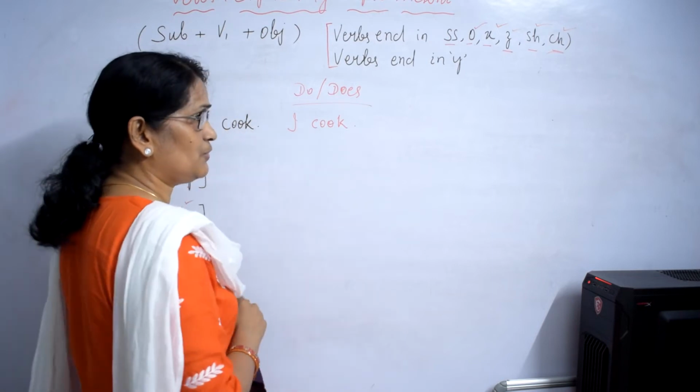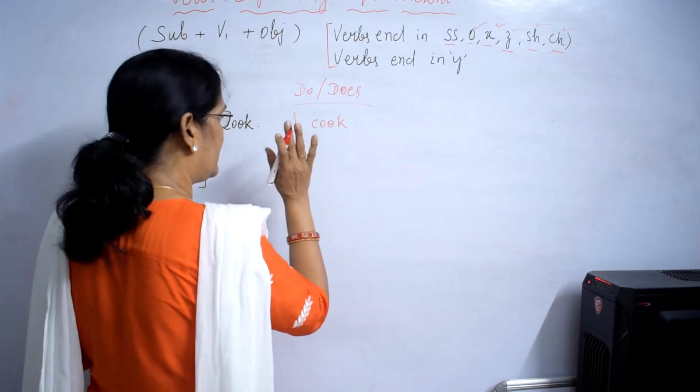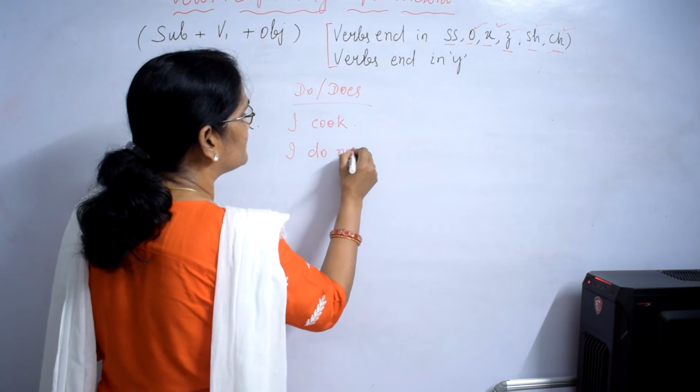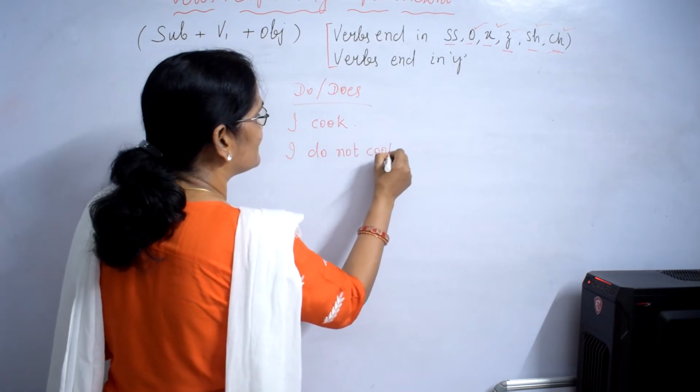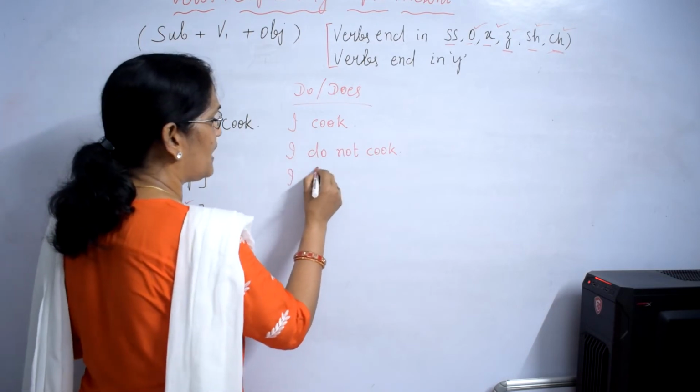Change the sentence into negative. What will it be? I do not cook. In short, we can write I don't cook.